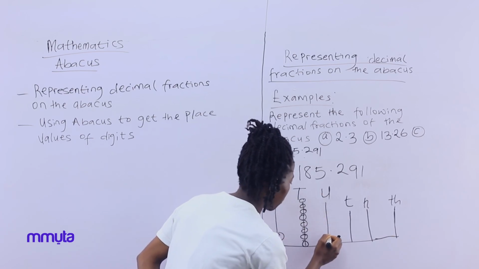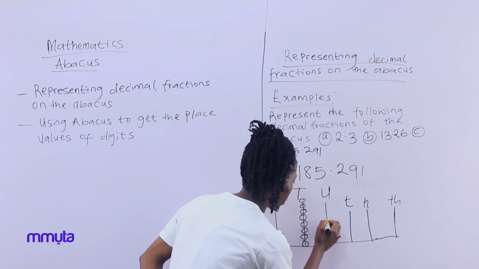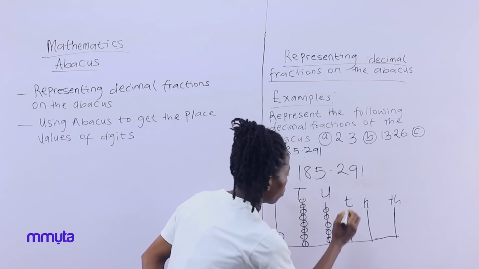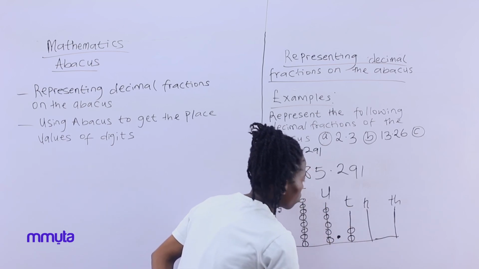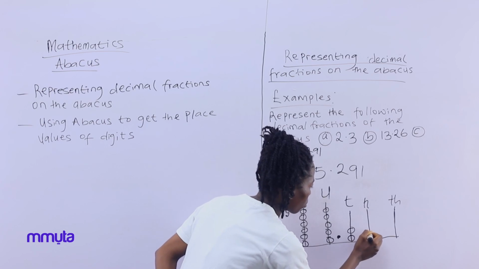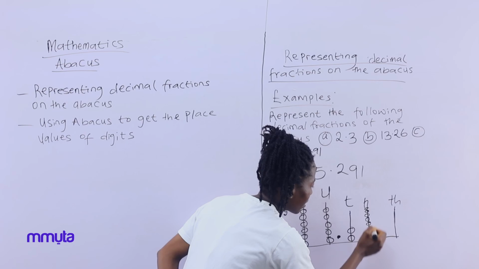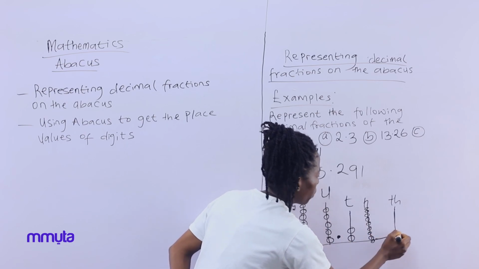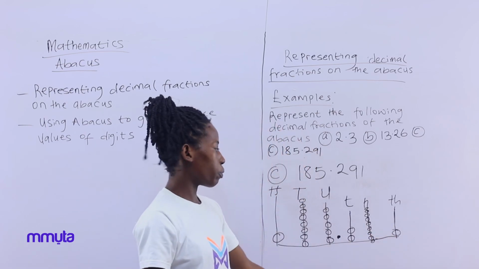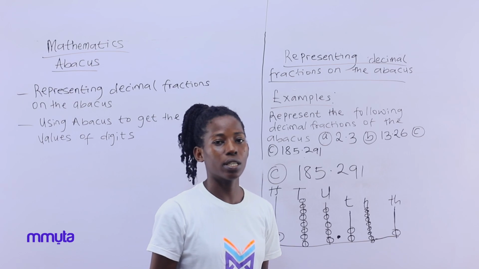For the units, we have 5: 1, 2, 3, 4, 5. Then for the tenths, 1, 2, so we count 9. Then 1, 2, 3, 4, 5, 6, 7, 8, and 9, and then 1. This way we've represented all these values on the abacus.